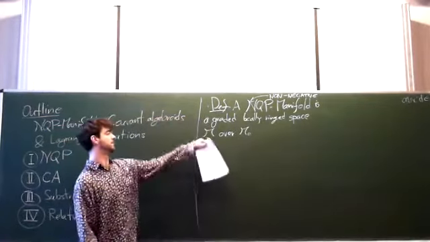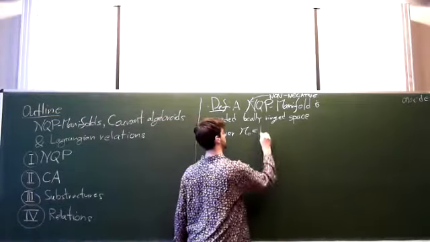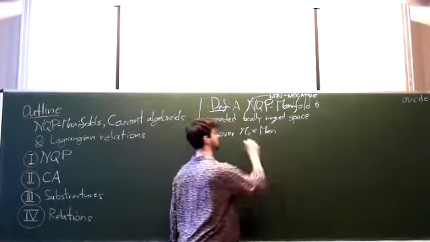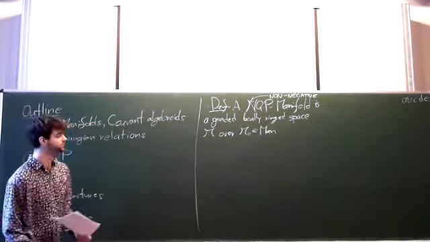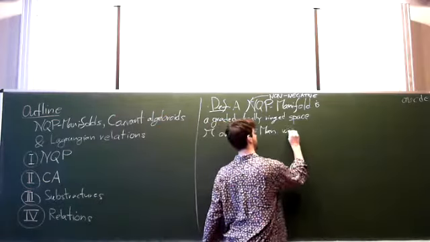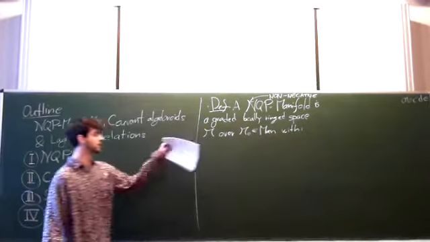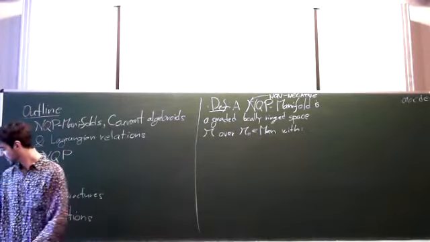So here M is the NQP manifold, M0 is in the category of smooth manifolds. Okay, with the following structure.